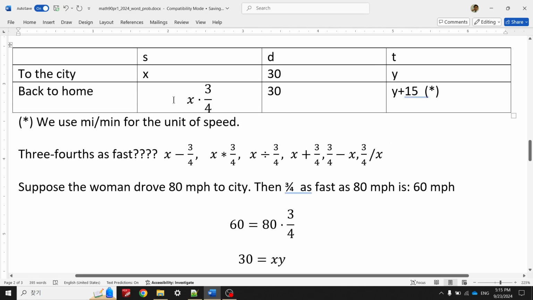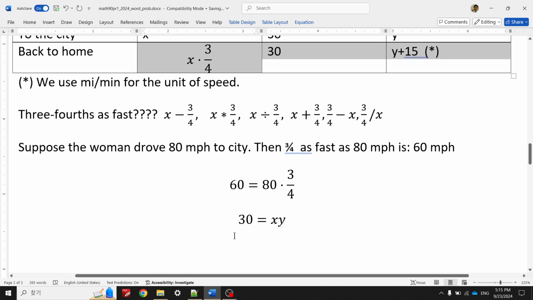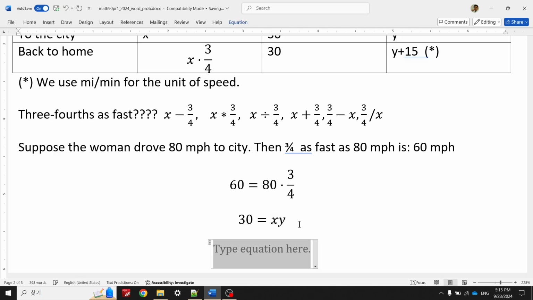Okay, and then what about this one? It says 30 equals x times 3/4 times (y plus 15).